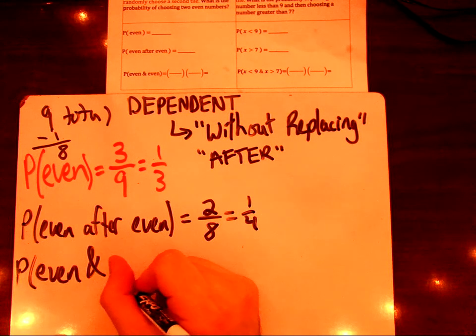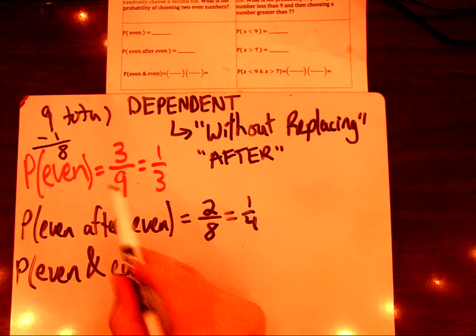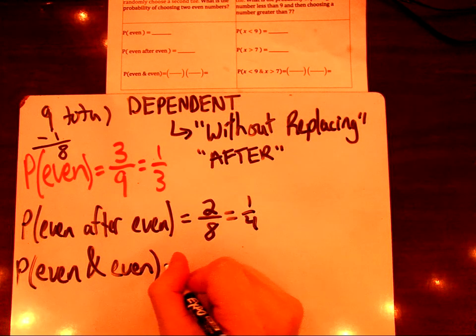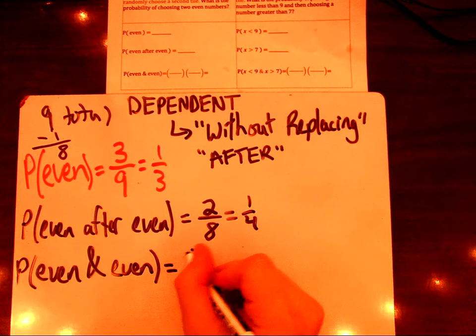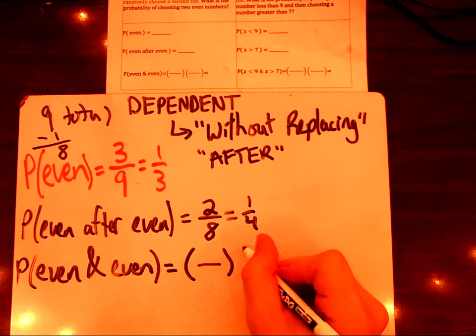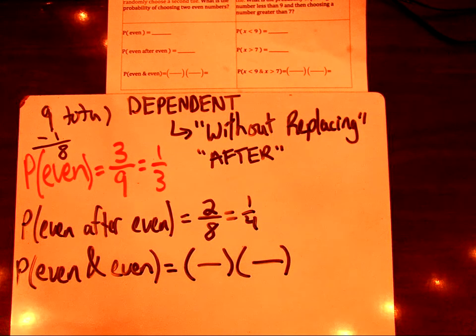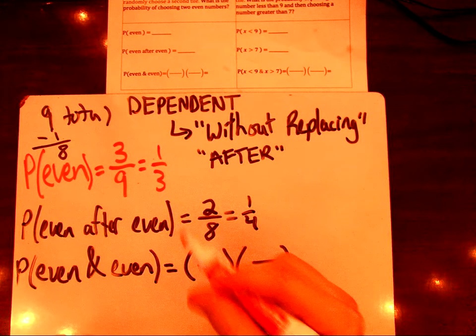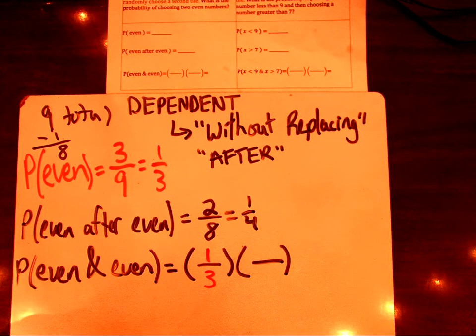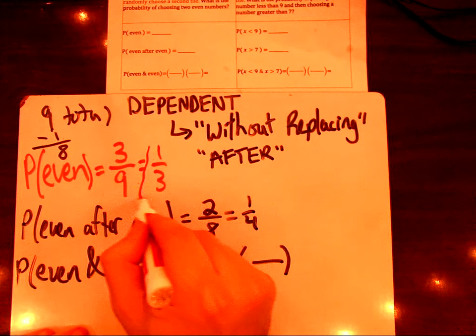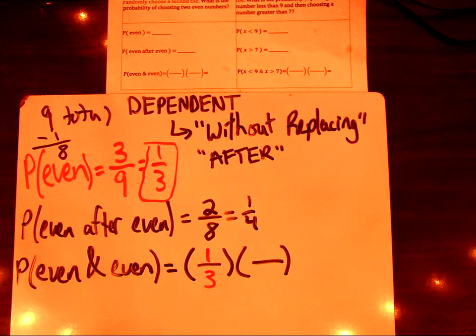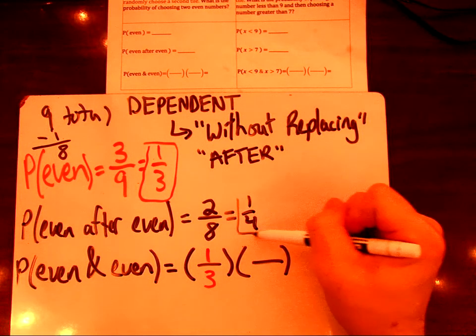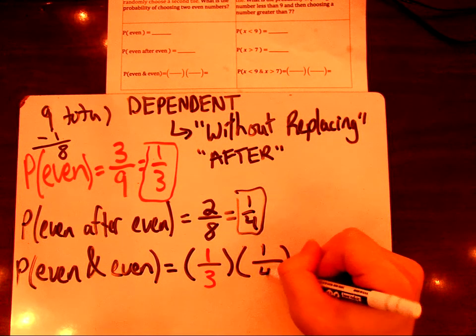So that's why we find the 2 separate ones, and then we multiply them together. So I have my fractions set up. I have this 1/3, and let me box that in, and I have this 1/4 that I'm going to multiply together to get my values.